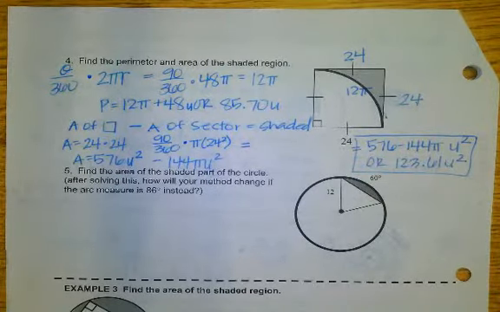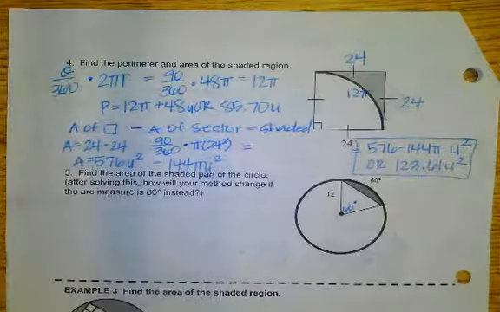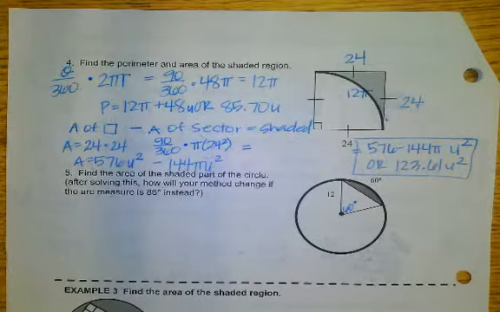Okay. Number 5, find the area of the shaded part of the circle. After solving this, how will your method change if the arc measure is 86 instead? Okay, what do you know about our central angle? 60 degrees. Okay, so how can we go about solving this? Or what do we need to do? Oh, we can do sine to find out the other side of the triangle.